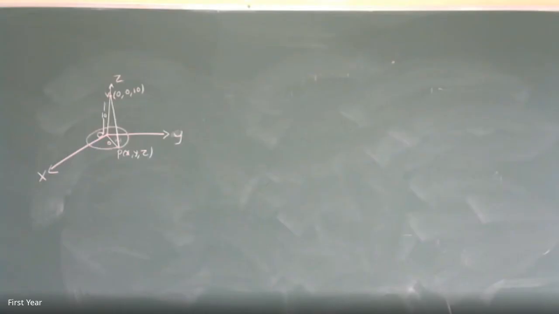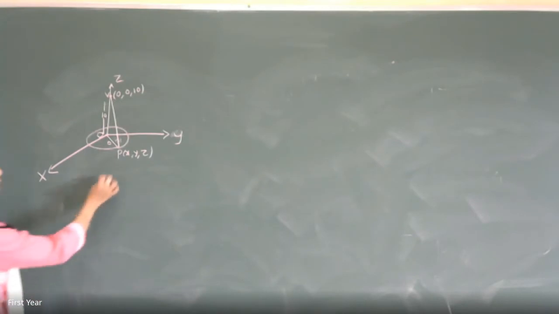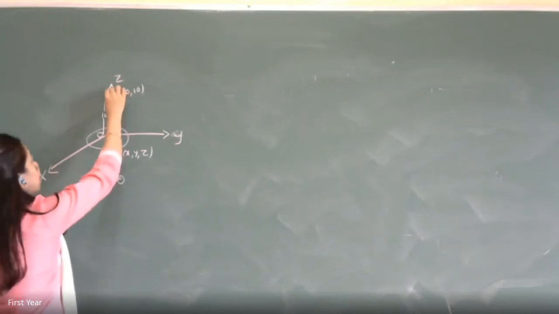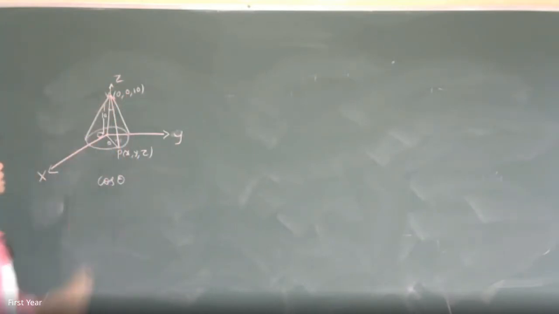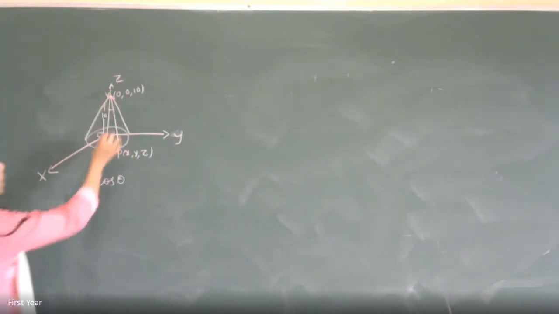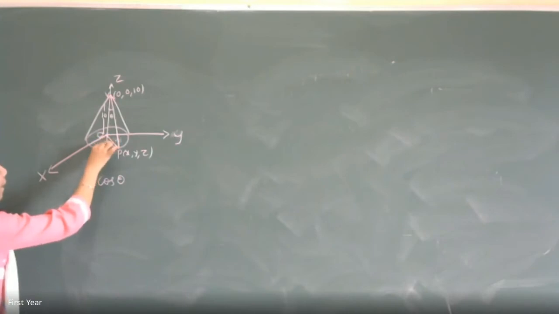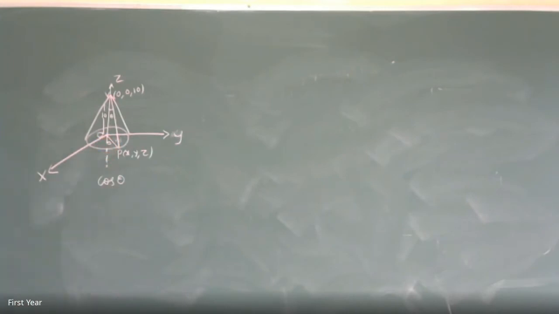Now tell me, if I want to find the equation of the right circular cone, what do I require? Generally I am going to use this formula only, because the angle between, these are all generators. Can you see? So the angle between any of the generators and the axis. Who is the axis of the cone?